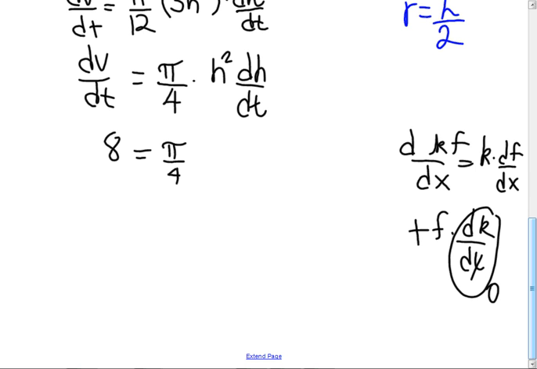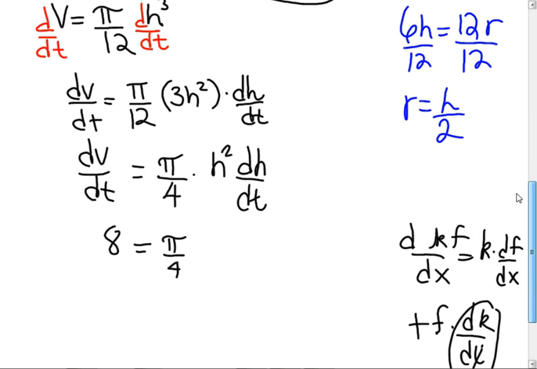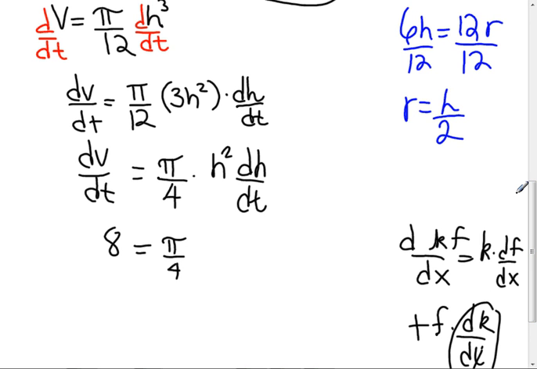Right, that's why you can pull this right through. Because when you do the product rule, you have plus f times the derivative of the constant, which is 0. I pulled the operator past the pi over 12, pi over 4. So I just ignored it.